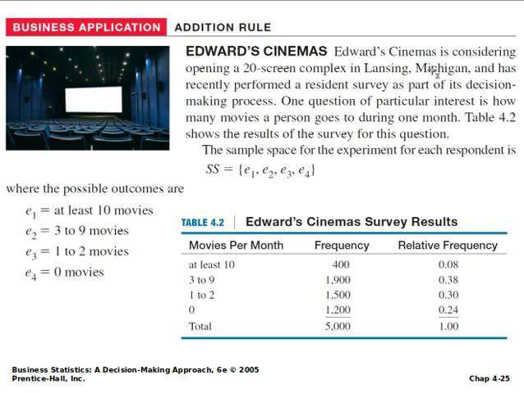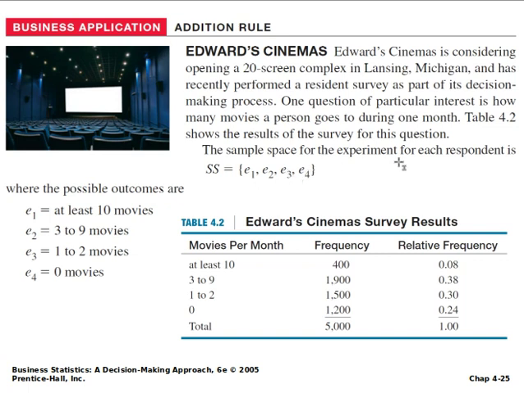This is in the US. It has recently performed a resident survey as part of its decision-making process. One question of particular interest is how many movies a person goes to during 1 month. Table 4.2 shows the results of the survey for this question.